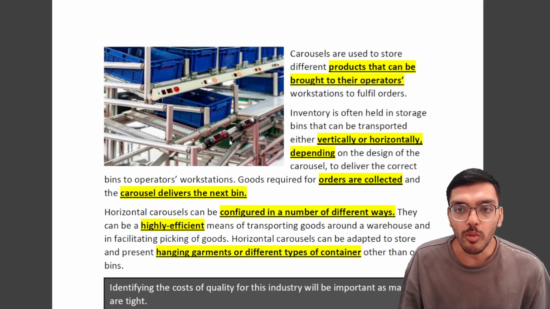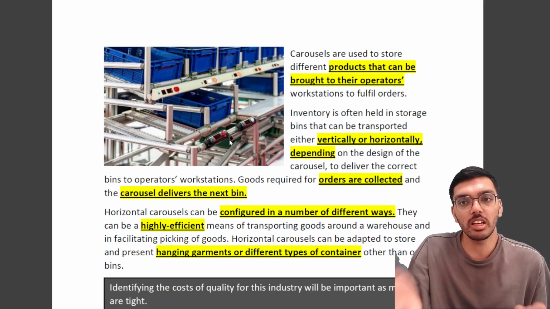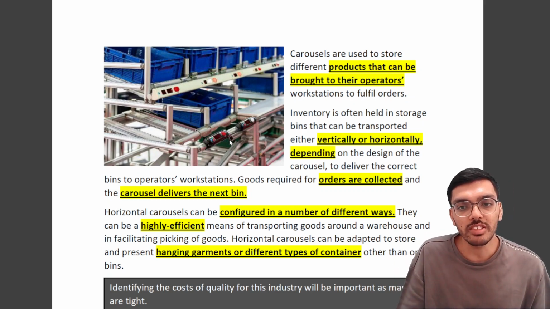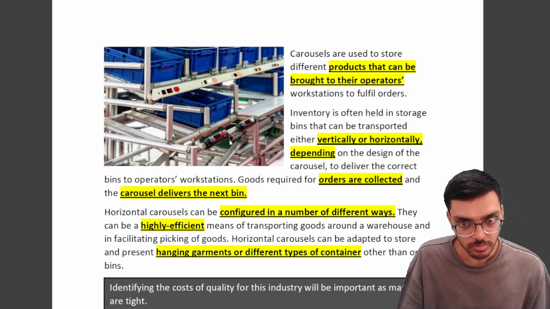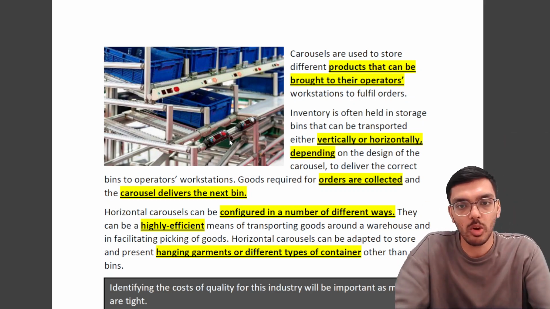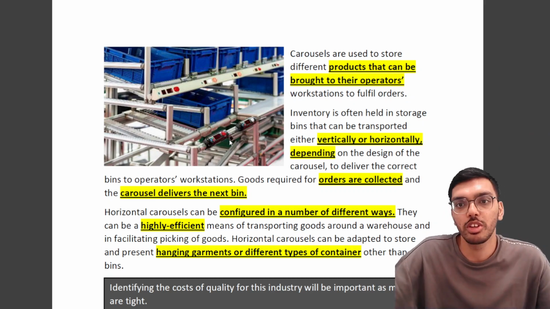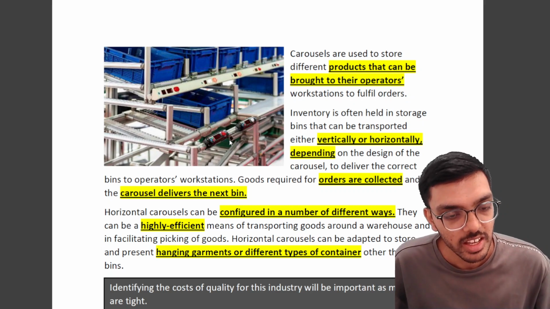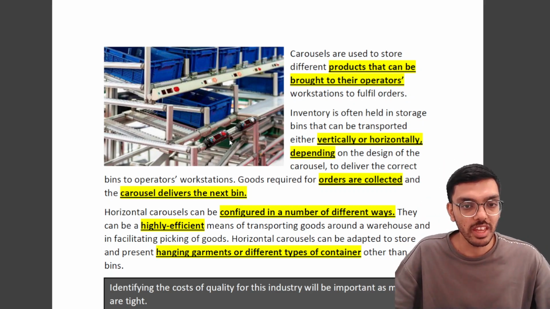Inventory is often held in storage bins that can be transported either vertically or horizontally, depending on the design of the carousel, to deliver the correct bins to the operators' workstation. So you can design it for inventory to go up and down or horizontally, however you want to set it. Goods required for orders are collected and the carousel delivers the next bin.